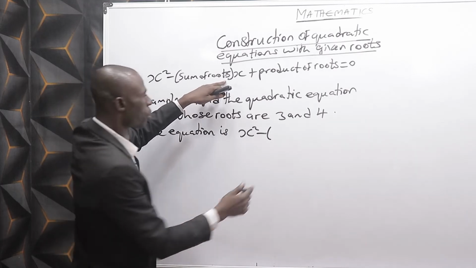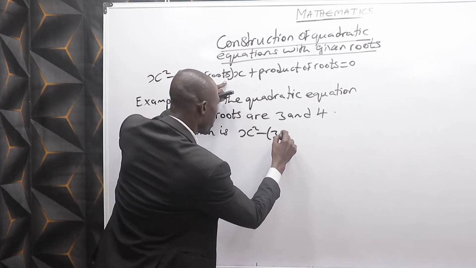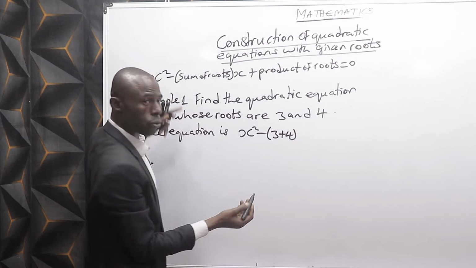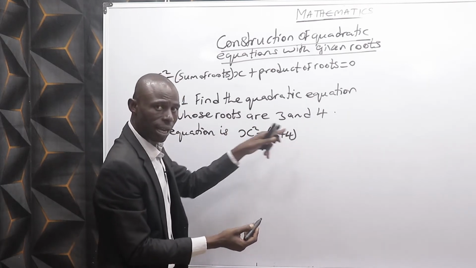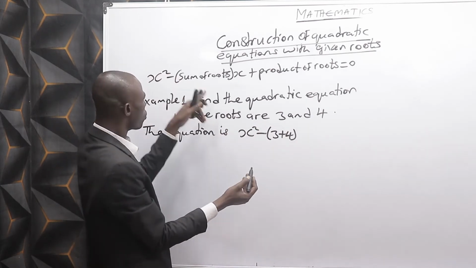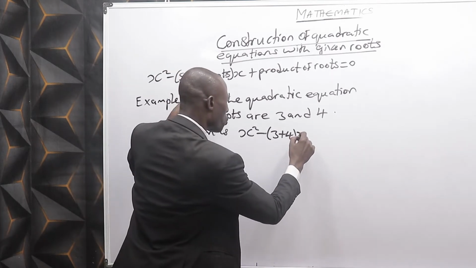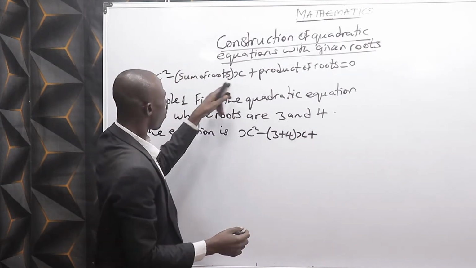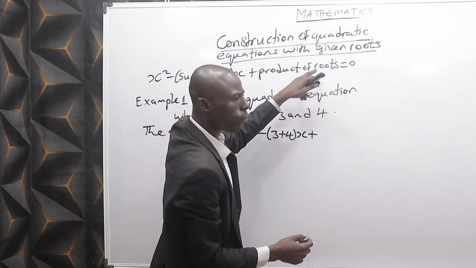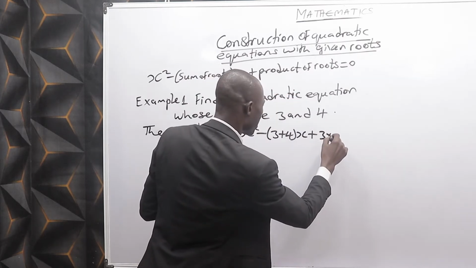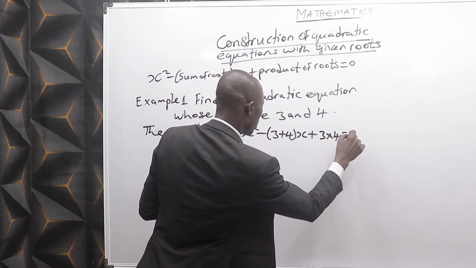Sum of roots. Then add the two of them, 3 plus 4. Put x. Plus, what next? Product of roots. That is 3 times 4 equals 0.